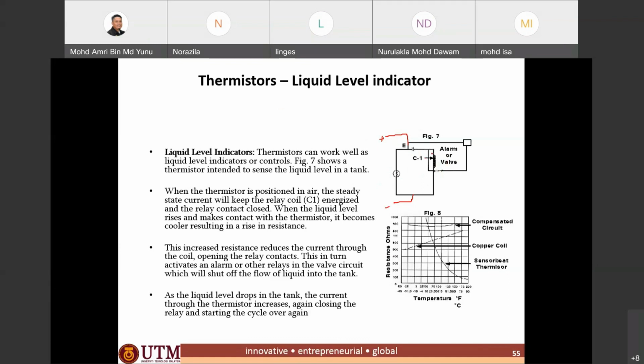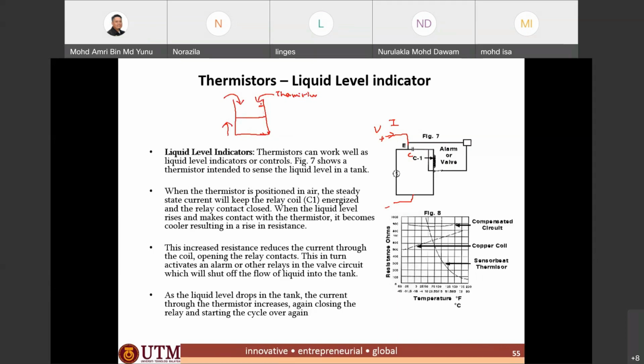And the solenoid is in parallel or in series with the capacitor. So the power is given to the circuit. Let's say the thermistor is somewhere at the top level inside the tank, and the water level will rise according to the water flow inside the tank.